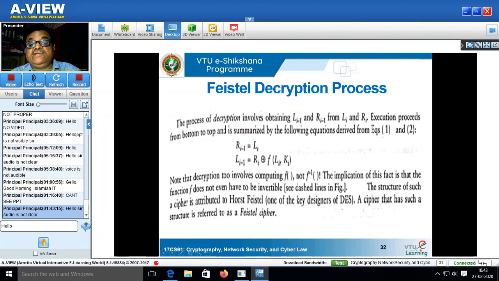The implication of this fact is that the function F does not even have to be invertible. The structure of such a cipher is attributed to Horst Feistel, one of the key designers of DES. A cipher that has such a structure is referred to as a Feistel cipher.